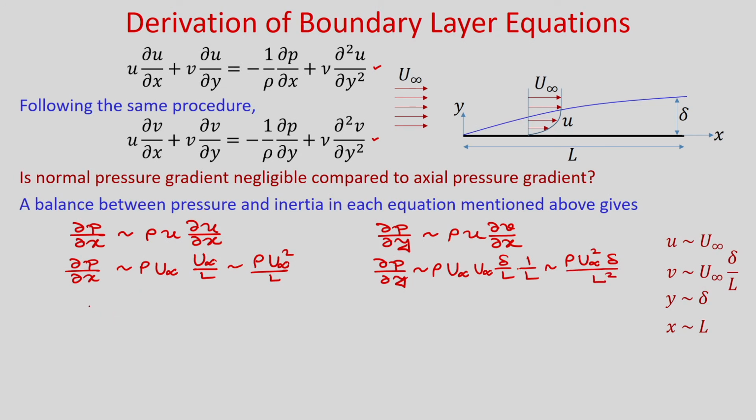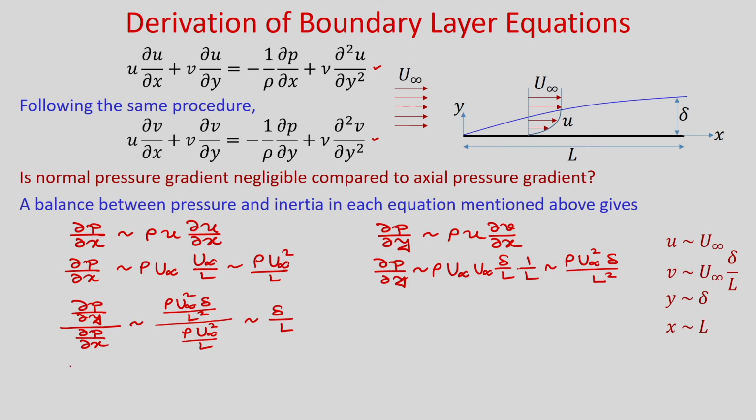Now, compare these two terms. So, we can write del P by del y divided by del P by del x, order of. So, you can see del P by del y is rho u infinity square delta by L square divided by rho u infinity square divided by L. So, rho u infinity square will get cancelled, then you will get delta by L. Okay.